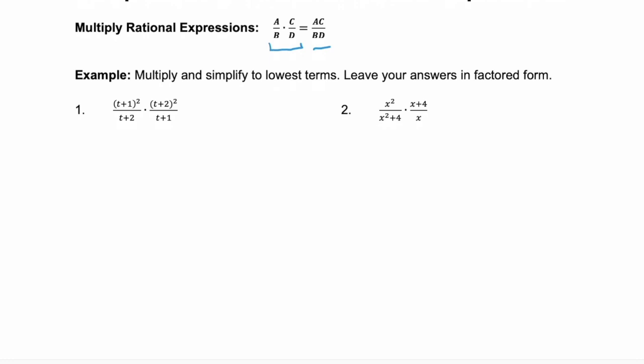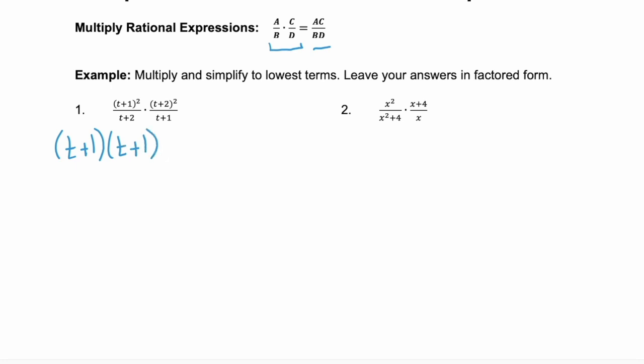Now whenever you multiply rational expressions, it's easiest if you can factor them. So you'll factor them, and when they're all in their factors, combine the numerators, combine the denominators, and then simplify. So our first numerator is t plus 1 squared. Well, that factored out is t plus 1 times t plus 1.